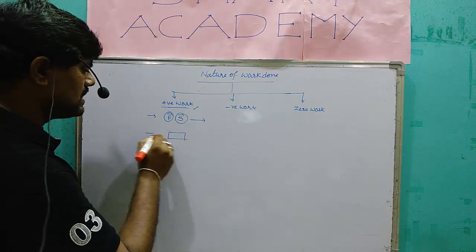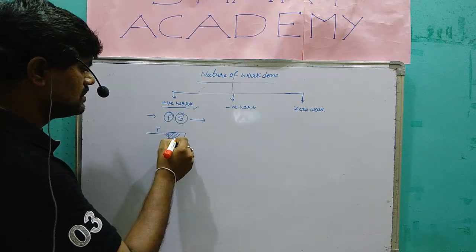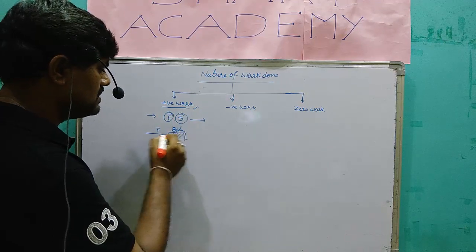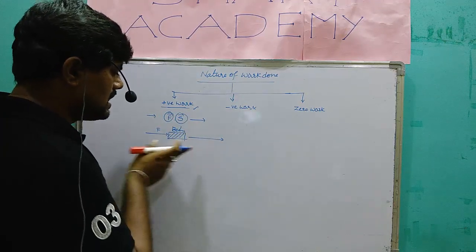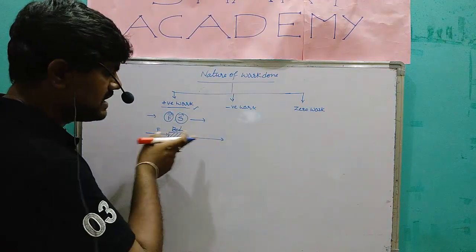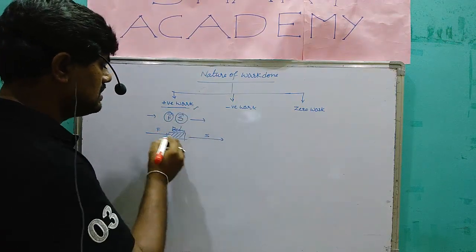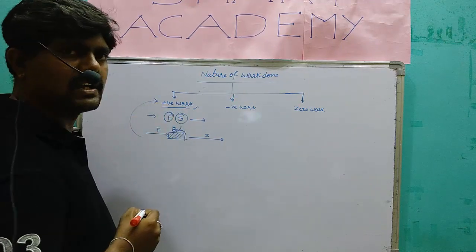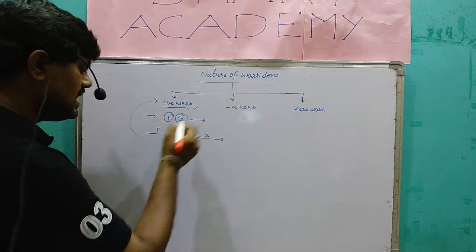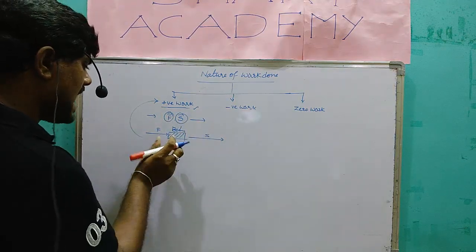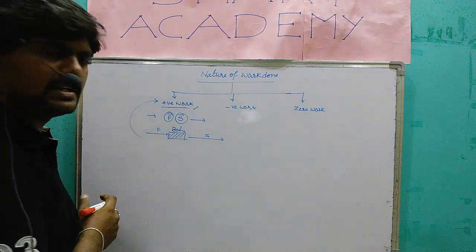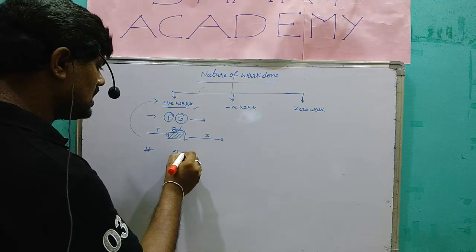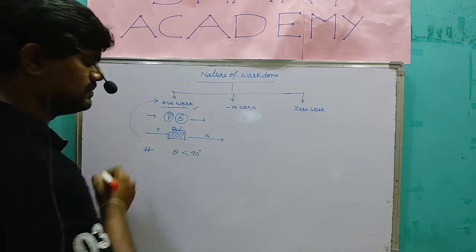If you are applying a force F like this, and we observe the displacement of this body is also in the same direction, along the same x-axis direction, then the work done can be treated as positive work. In this case, the angle theta between force and displacement should always be less than 90 degrees.